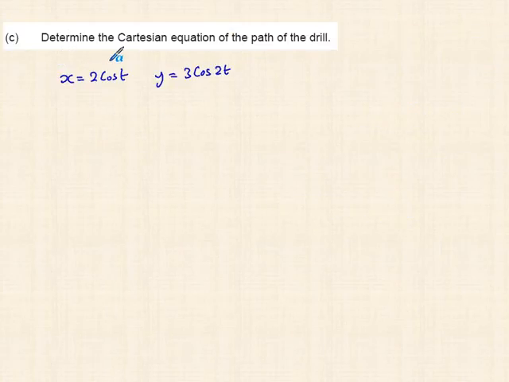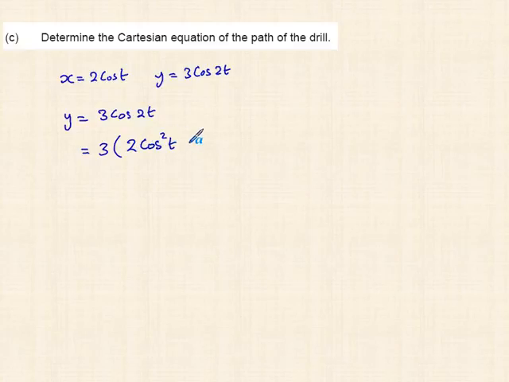We want to determine the Cartesian equation of the path of the drill. This is what we found in part B. What we need to do is eliminate the parameter t. Now y is 3 cos 2t. That's 3 lots of 2 cos squared t, take away 1, using the appropriate identity.